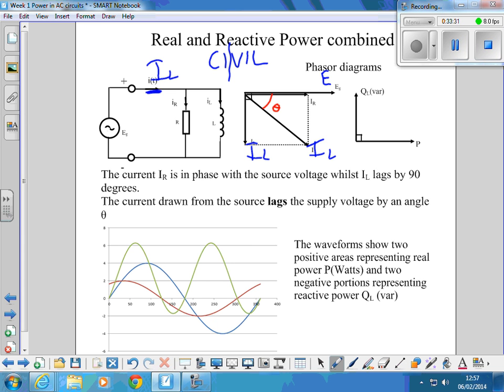And as you can see, it draws that current out of phase with a supply voltage. They're not in phase with each other anymore.